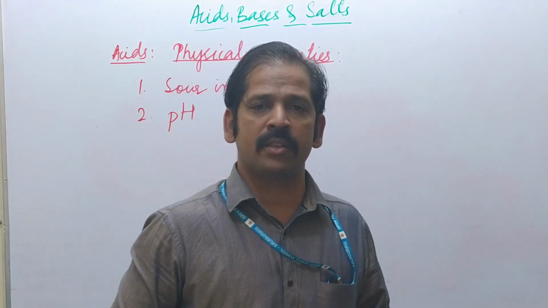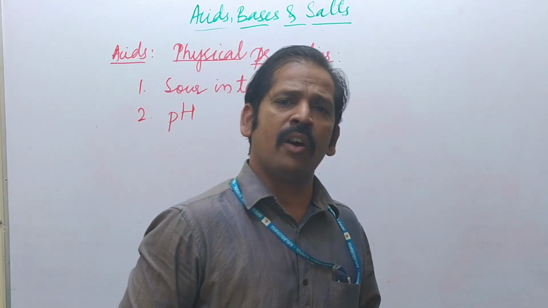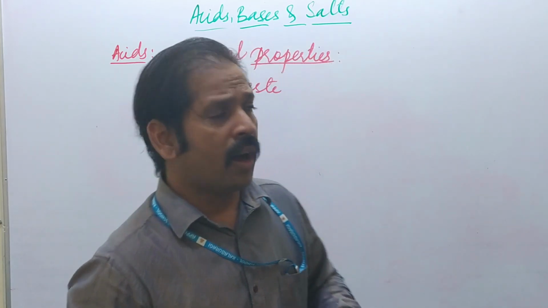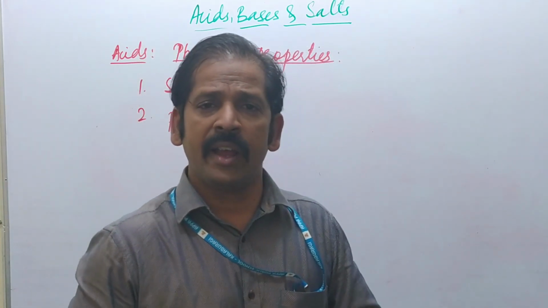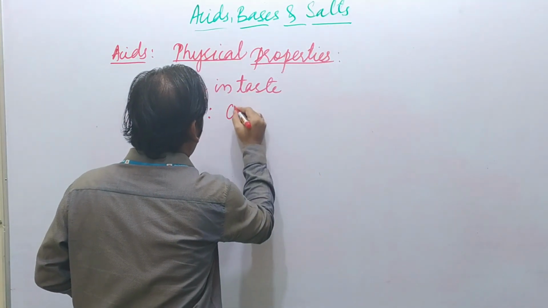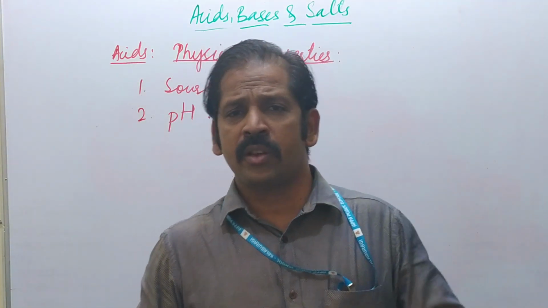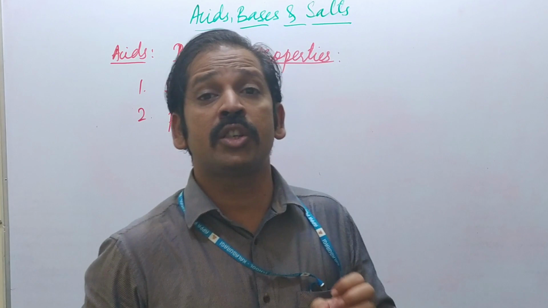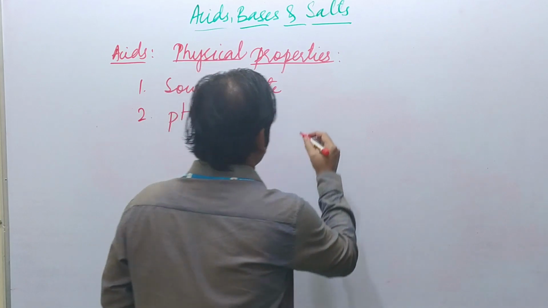Power of hydrogen ion concentration in any chemical, acid, base or salt. And the pH value of acids is 0 to 7. I repeat, acid is 0 to 7. In this we have two groups. 0 to 2 is strong acid. 2 to 7 is weak acid.